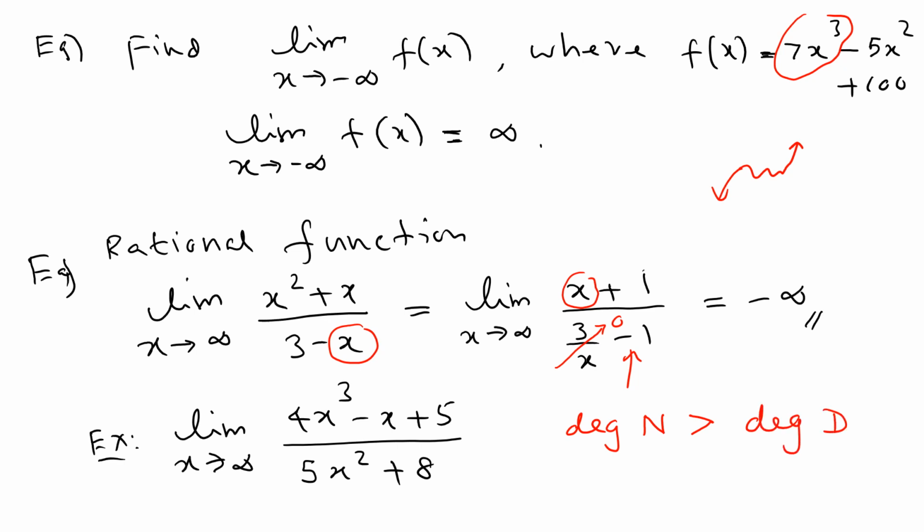Because for rational functions there's a special criteria that we normally use in pre-calculus. We break this into four different types depending on the degree, and categorize these rational functions into four different behaviors when x goes to infinity.